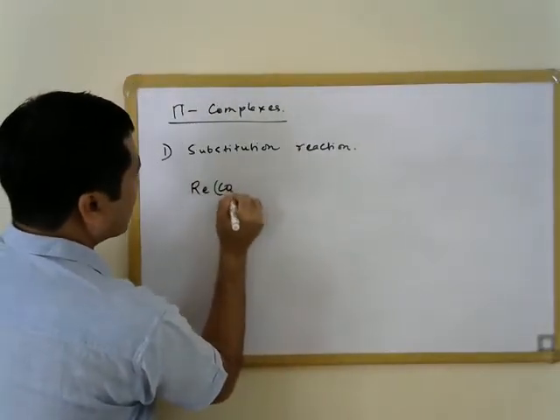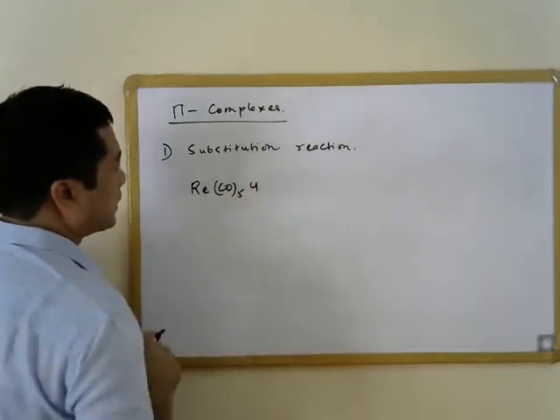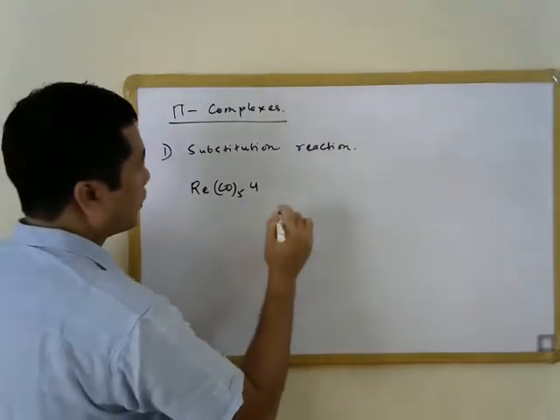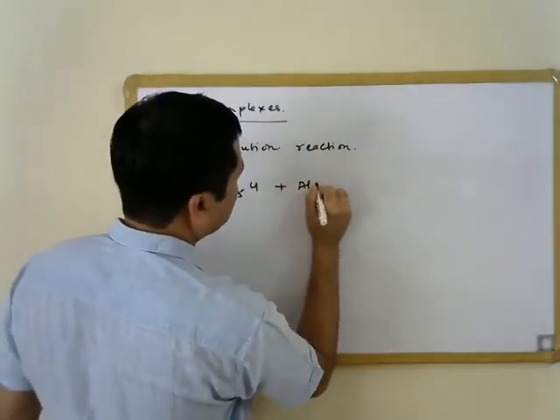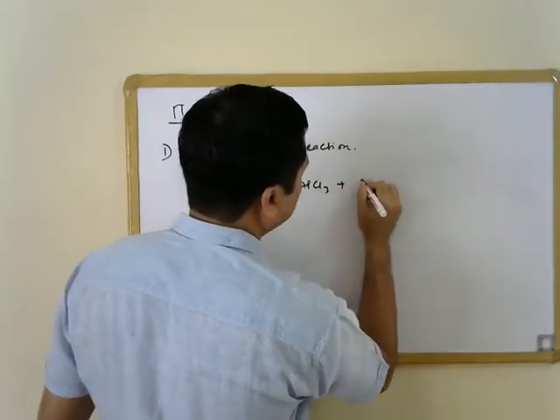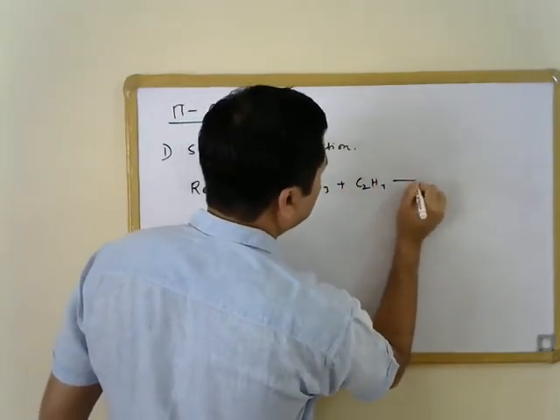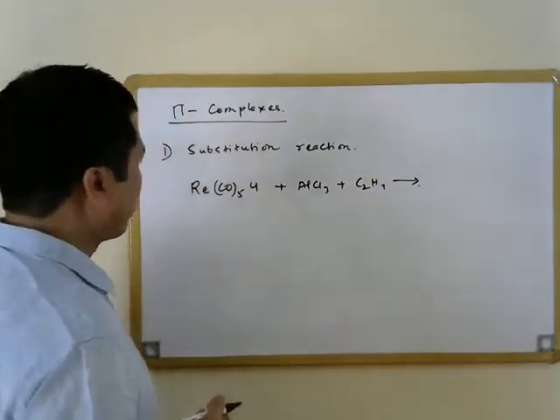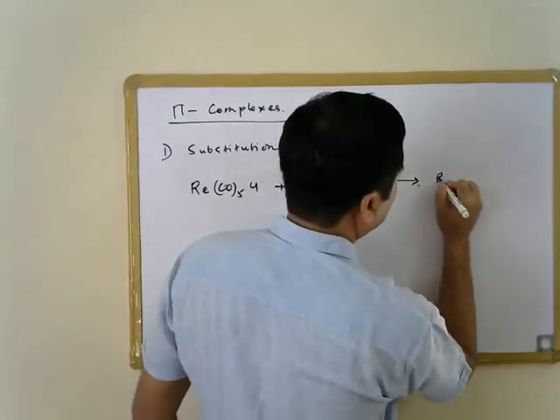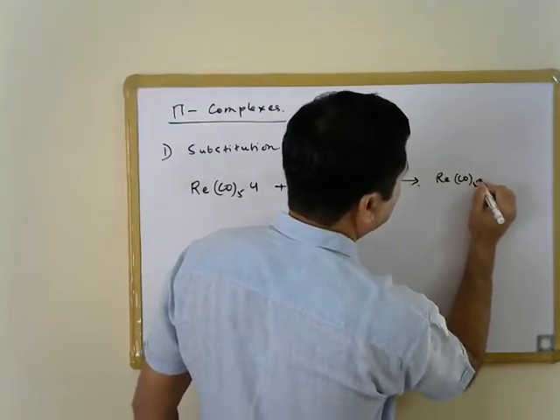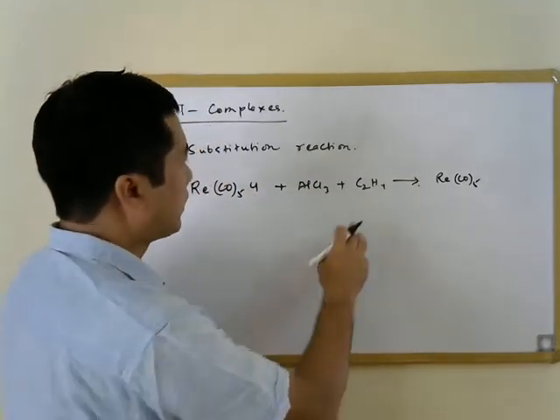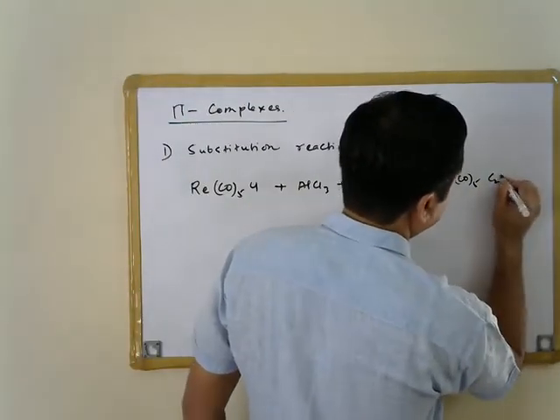If you take this rhenium carbonyl halide complex and, in presence of AlCl3, react it with ethylene, then one can replace the chloride by ethylene.